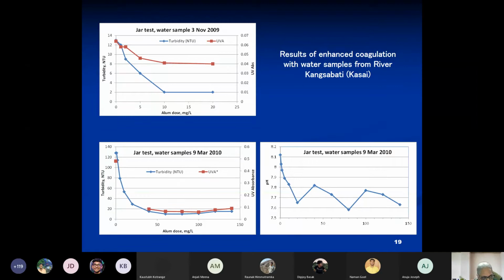So we have organic material present in water which can contribute to turbidity along with silt and clay and bacteria and virus and all of that. So it's a gross parameter just like turbidity, but it represents natural organic matter, more of a dissolved set of compounds.